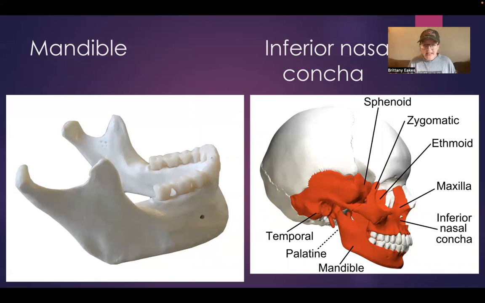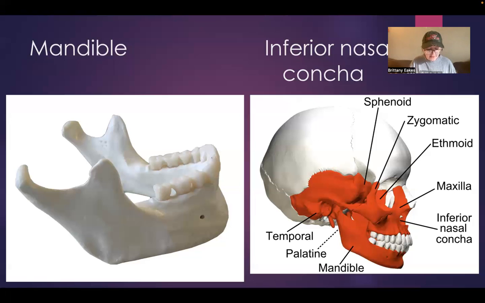The inferior nasal conchae, but first, remember the mandible is the horseshoe-shaped jawbone. It's the largest and strongest. The inferior nasal conchae are inferior to the middle nasal conchae of the ethmoid bone and are separate bones that are not part of the ethmoid.